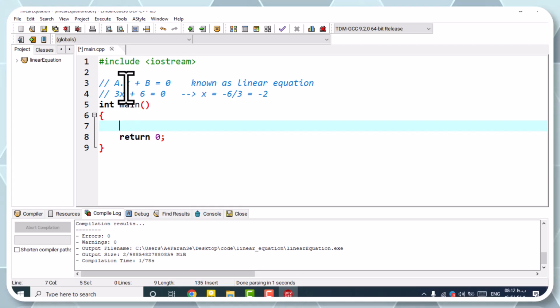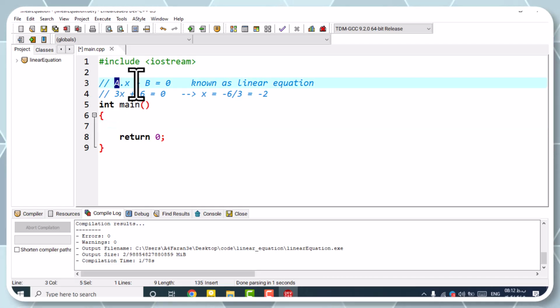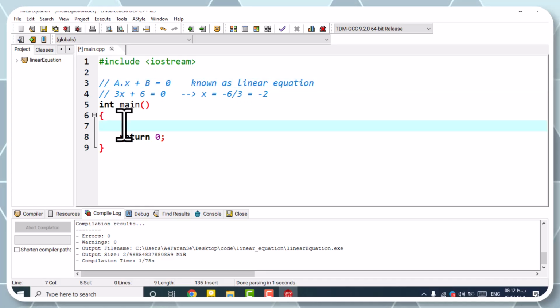So first of all, we need to get a and b parameters as the coefficients of the linear equation. So we need to get the a and b coefficients from the user.